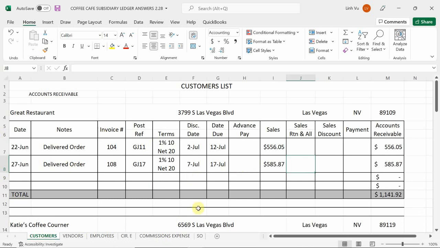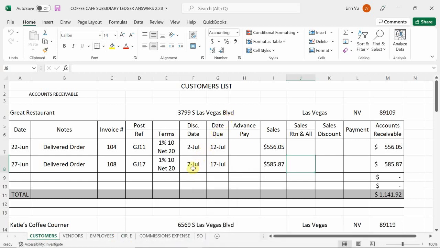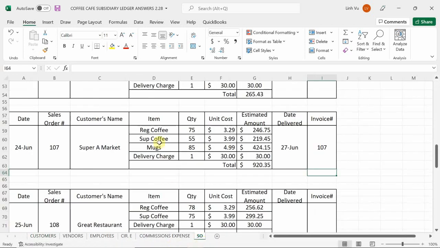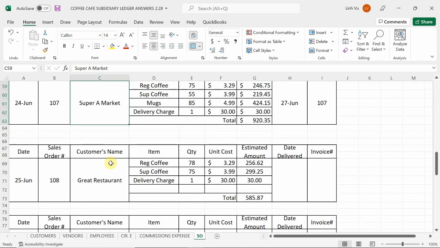So let's see what is next. We updated the journal and the ledger. We updated the customer's account. But the person who was responsible for delivering to Great Restaurant was Mr. Albert Allen. So we need to fill out his sales order sheet here, because order number 108 to Great Restaurant for the $585.87 was delivered.